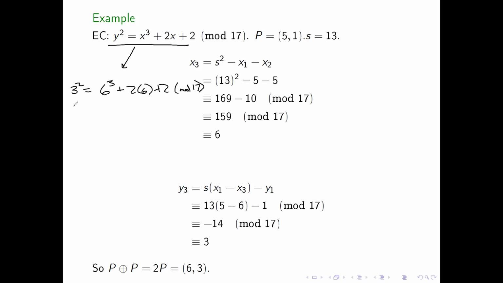So the left side is going to be 9. 6 cubed is 216, which happens to be 12. So it's 12 plus 2 times 6 plus 2 mod 17. So that's 26 mod 17, which happens to equal 9. And just like that, we've shown it's true.